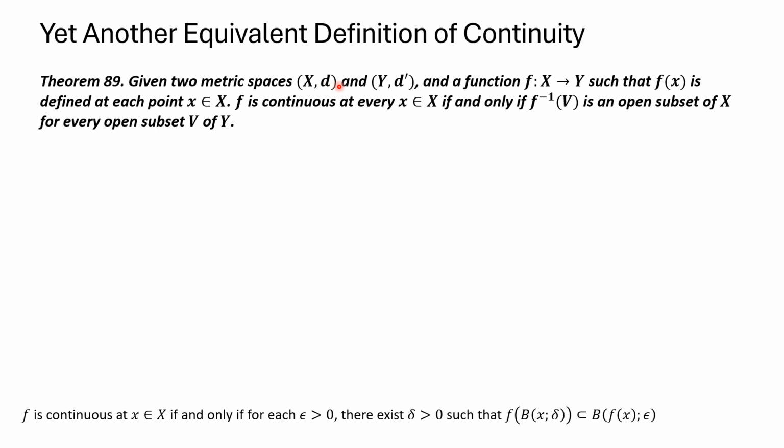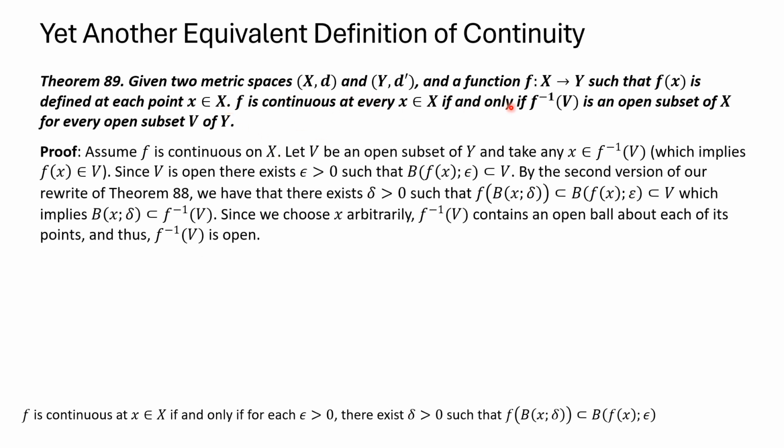Given two metric spaces X and Y and a function f that maps between X and Y, such that f of x is defined at each point in our metric space X, f is continuous at every x an element of X if and only if f inverse of V is an open subset of X for every open set V of Y. This is related to the open ball interpretation of our theorem 88, which I've squeezed in here at the bottom of the slide since we're going to use this in our proof.